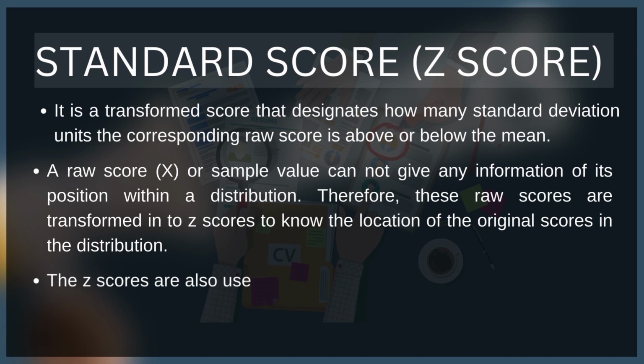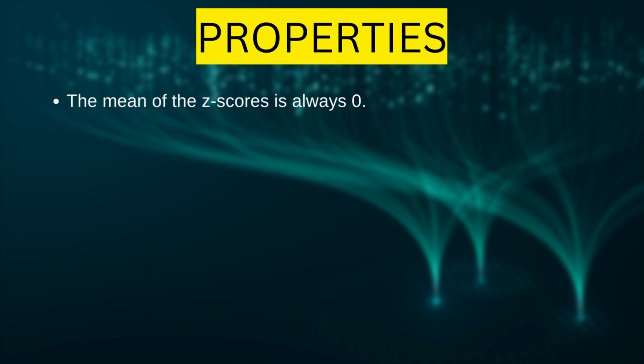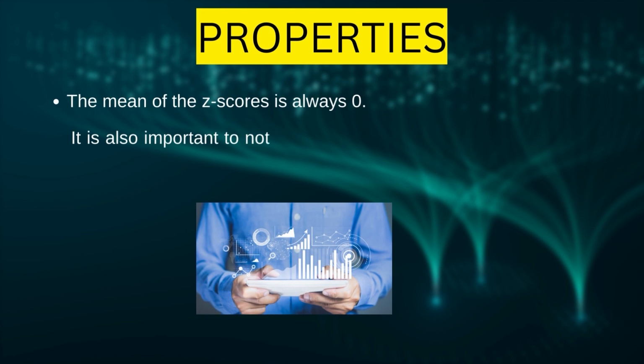So we discussed the value of z-score, the role of z-score, and how the raw scores are interpreted on the basis of z-scores. Let us discuss the basic properties of z-score. The mean of z-scores is always 0. Secondly, it is important to note that the standard deviation of z-scores is always 1.